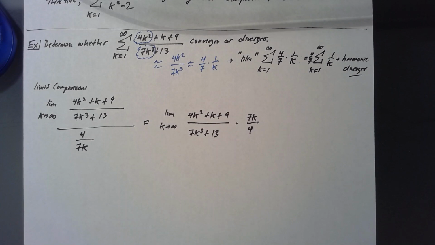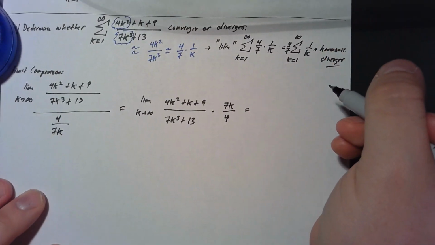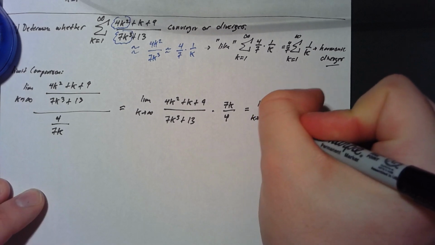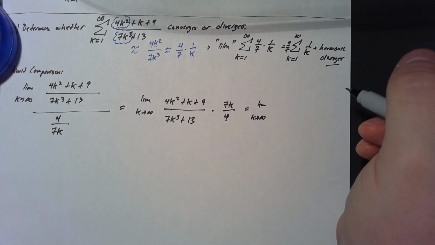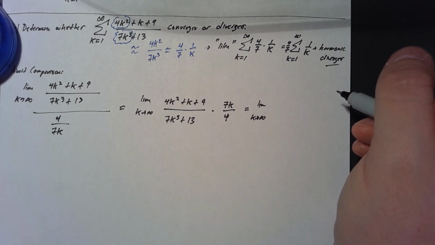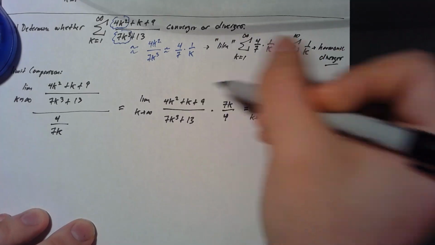All right, well, if I multiply the 7k into here, so I'm going to get the limit, k approaches infinity, of, well, let me just distribute the k in.